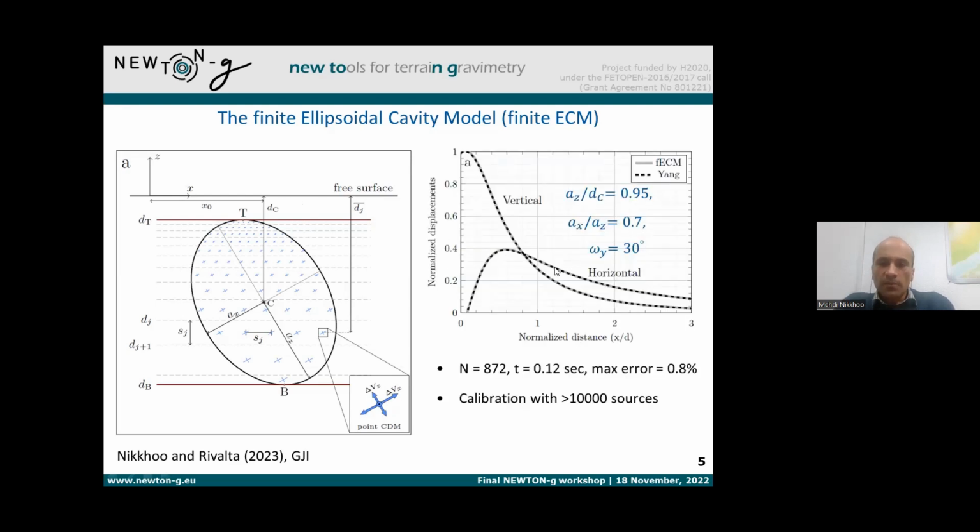So here we have done a comparison with existing analytical solutions. We see that there is a perfect match between our solution and another solution for a spheroidal source. This analytical solution is only for spheroidal sources, but our solution can, of course, be applied to any kind of triaxial deformation source.